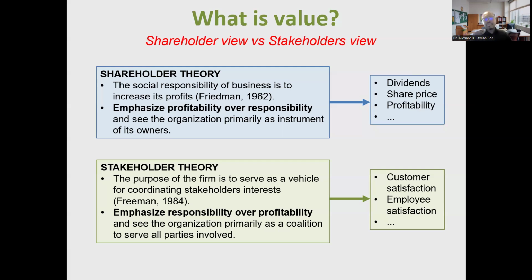So Friedman is associated with shareholder theory, Freeman with stakeholder theory. Now, like I said, the stakeholder theory is split into two. One school of thought says satisfy only the key stakeholders, those you can see around: the shareholders, the customers, the employees, the suppliers. And then there is the bigger picture, which says no.